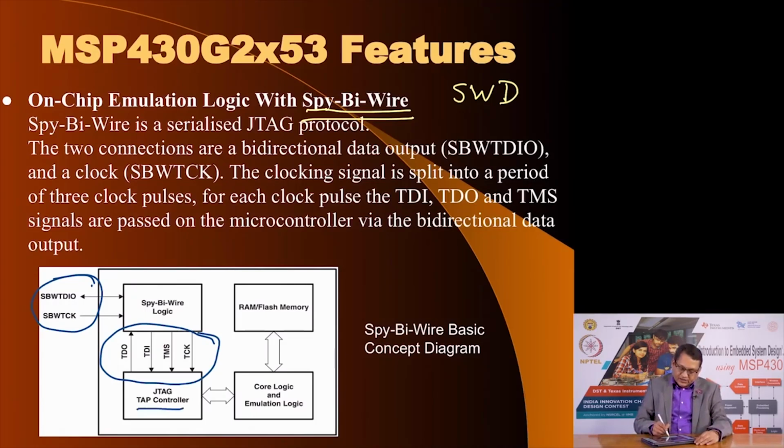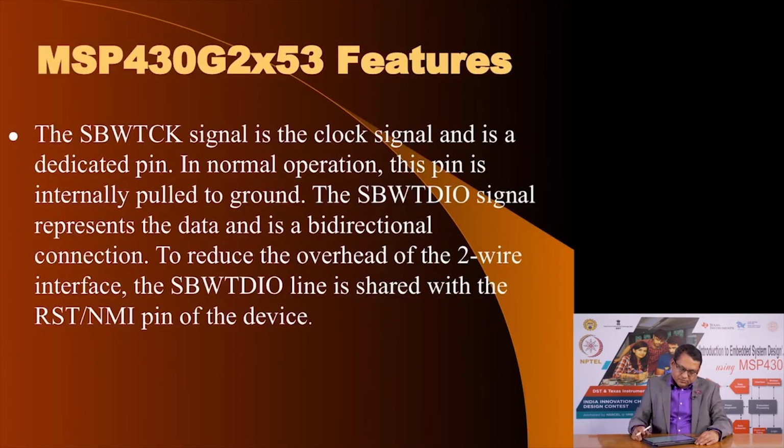You can access that through the Spy-Bi-Wire interface. And the Spy-Bi-Wire interface actually uses 2 pins, one of them is the reset pin and the other is a pin called test, and these pins are renamed SBW clock and SBW data, and using these 2, the 4 internal JTAG pins are created.